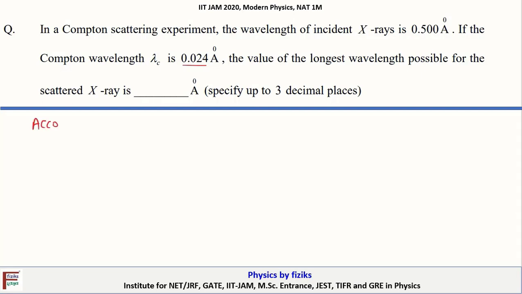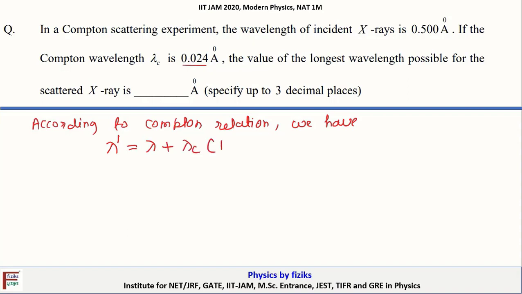According to the Compton relation, we have lambda dash equals lambda plus lambda c (1 minus cos theta).